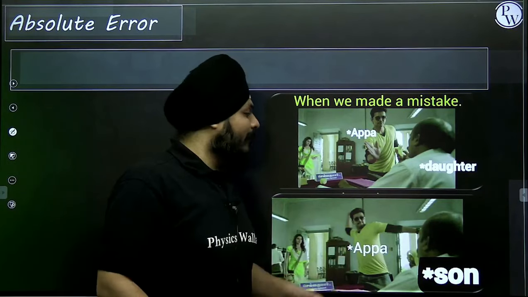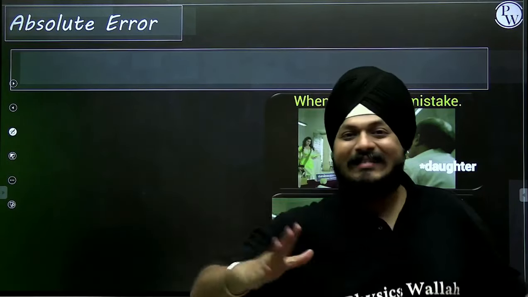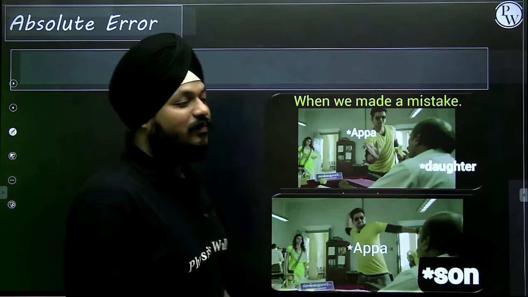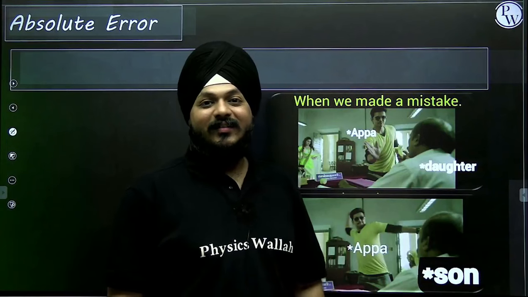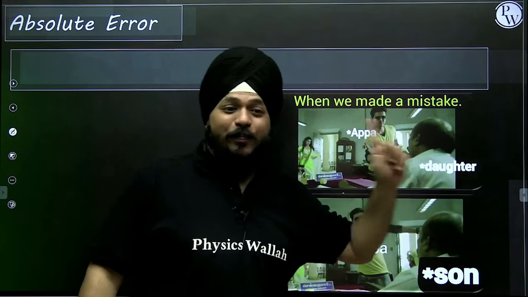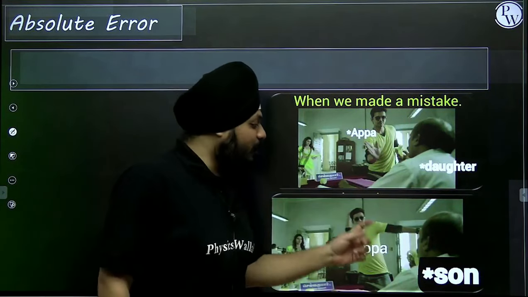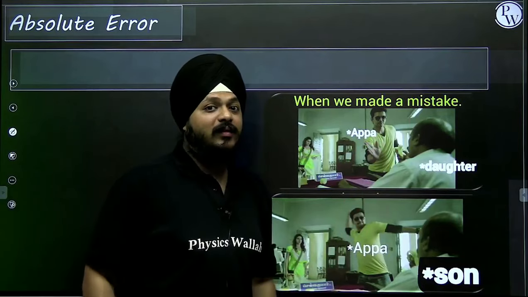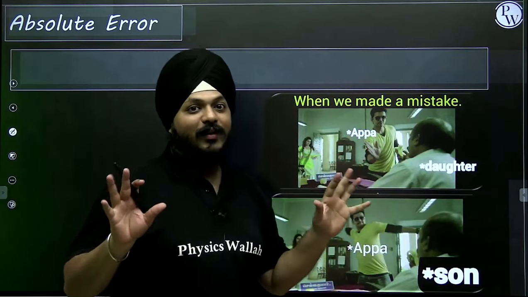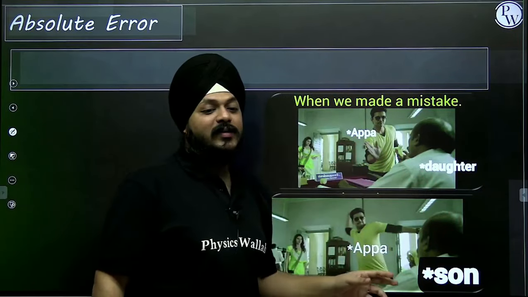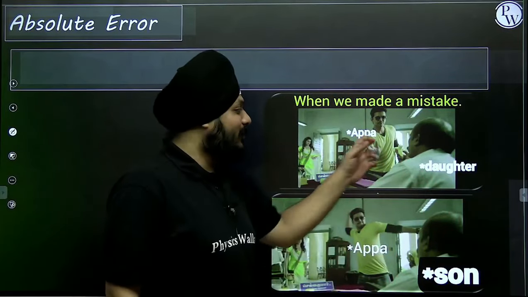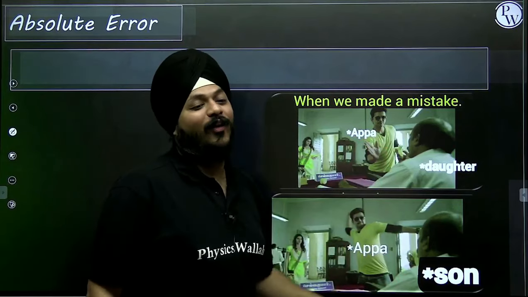And when a boy makes a mistake, that's an absolute error, right? What truly should be done? There should be equal punishment for the daughter and son, but something error is going on.